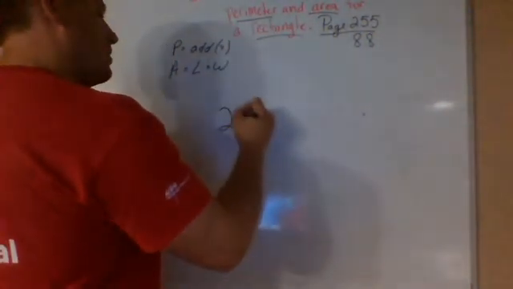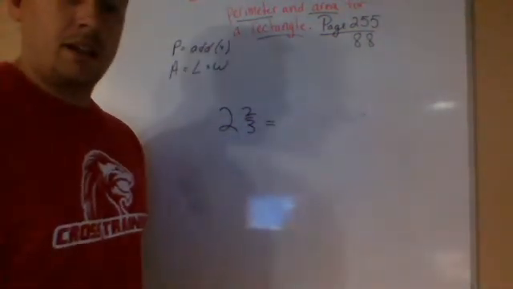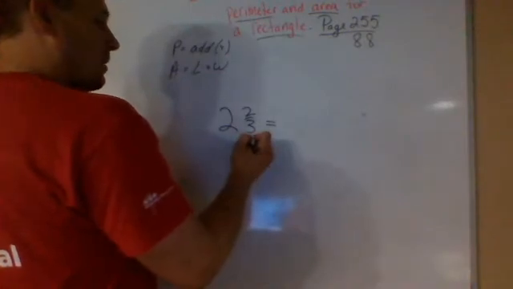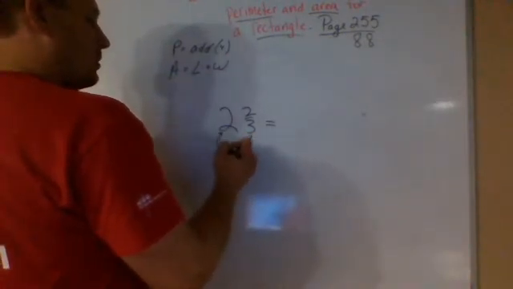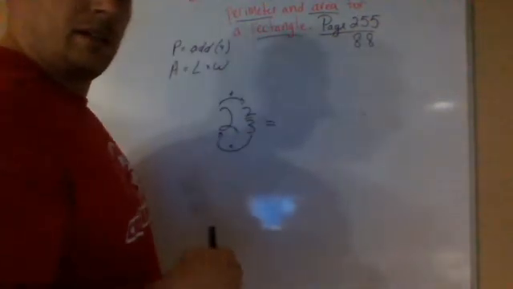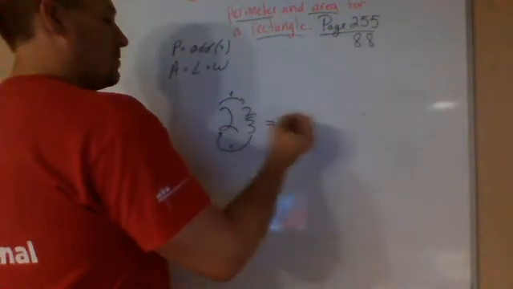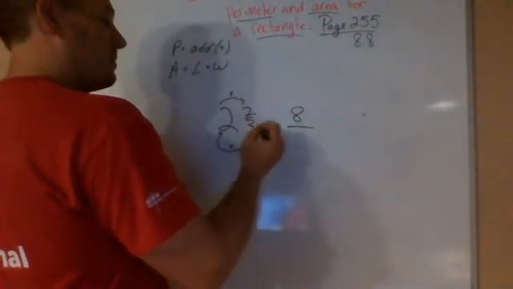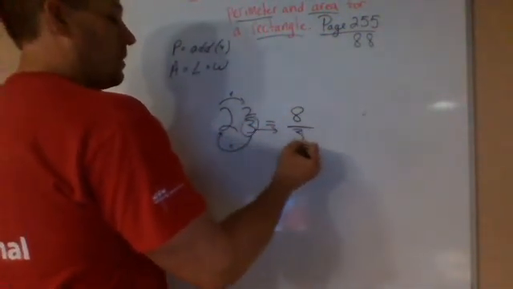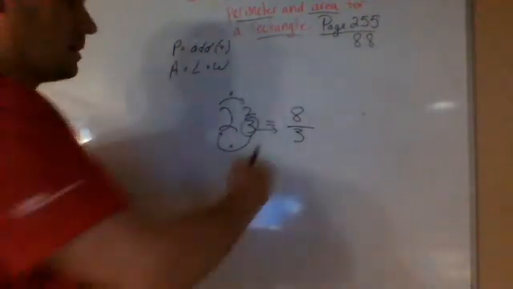If I have 2 and 2/3, how do I make that an improper fraction? I always say take the denominator times the whole number, and then you add the numerator, and that's your new top. So 3 times 2 is 6, 6 plus 2 is 8, and then you just keep the same denominator. So you get 8/3.